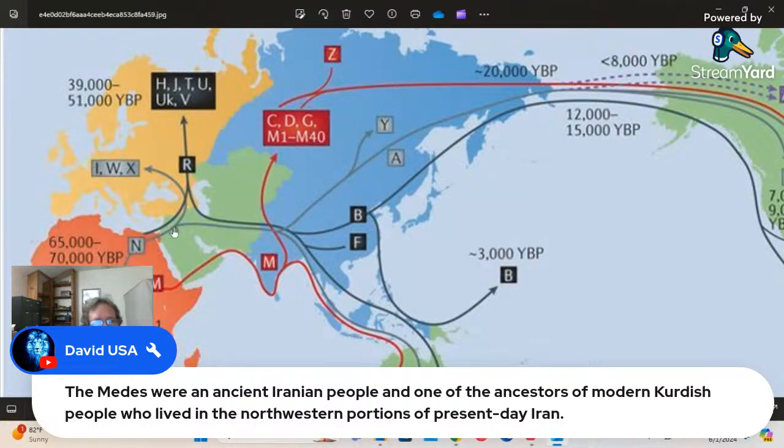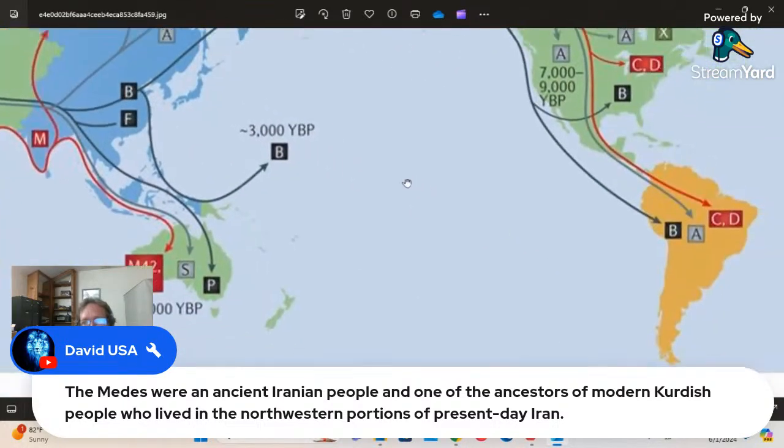The N splits off. You got the I, W, and the X, which this might not be correct either, but then you have the A and the Y, and simultaneously with the N, you have the R branch up here, which is the H, the T, the U, the V, and the J. From the R branch, you have the B, which crosses over the Pacific to America.